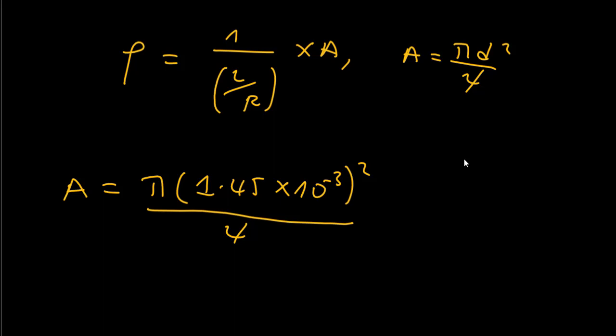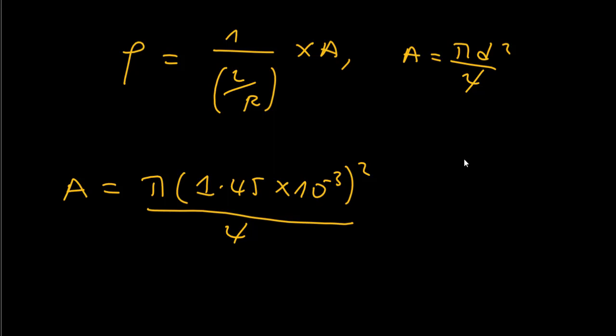So the numerical application gives 1.45 times 10 raised to the negative 3, all of that squared, multiplied by pi and divided by 4.